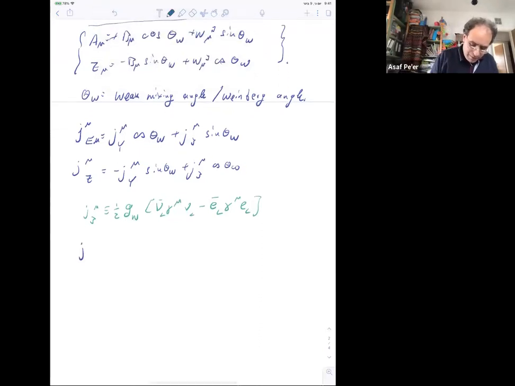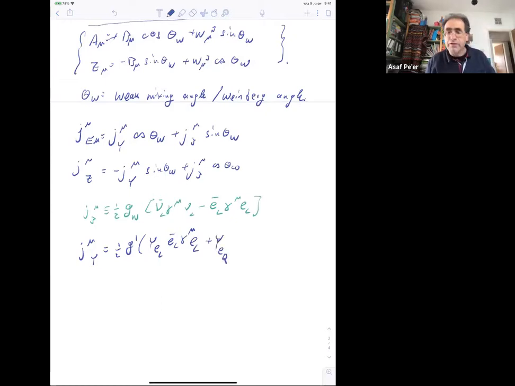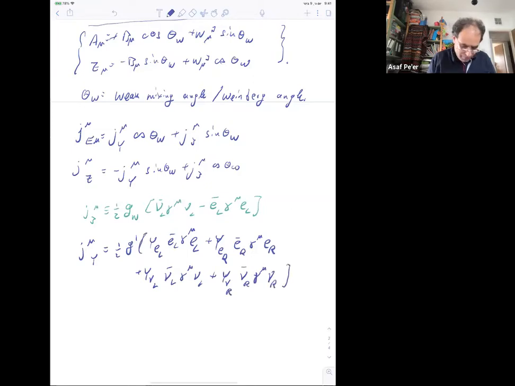So we can write down J mu Y to be 1/2 G prime, and then Y E left, E bar left gamma mu E left, plus Y E R, E bar right gamma mu E right, plus Y neutrino left, neutrino bar left gamma mu neutrino left, plus Y neutrino right, neutrino bar right gamma mu neutrino right. I'm putting different couplings for each of the species. And here, the Y E L is the weak hypercharge of the left-handed electron.